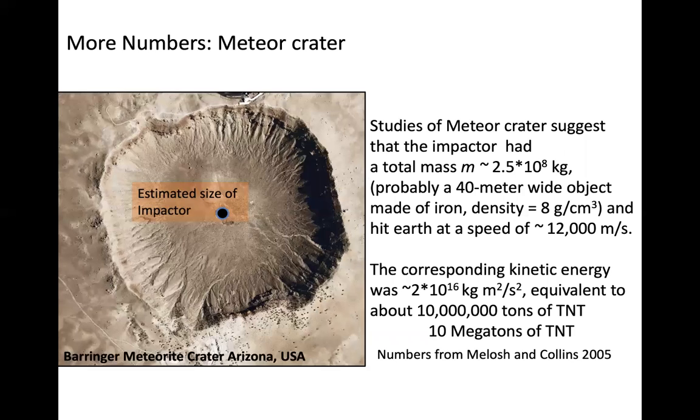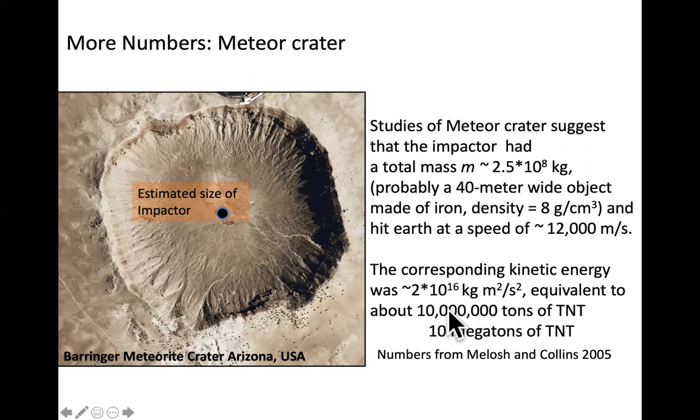Its mass was about 2.5 times 10 to the 8 kilograms, and it probably hit the Earth at a speed of about 12 kilometers per second. This is equivalent to, for those of you who like explosive statements, 10 million tons of TNT. This was a very powerful explosion.